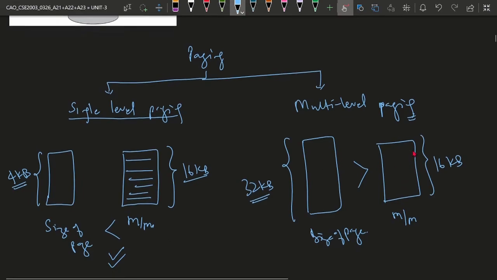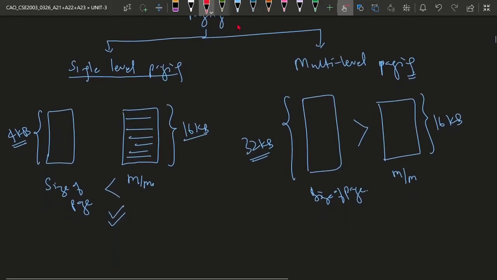So what we need to do? We need to divide this page into some smaller pages. Suppose we divide it into 8 pages of 4 KB each. So the complete page was converted to 8 different pages, and each has a size of 4 KB.